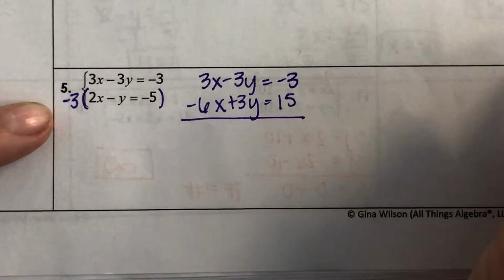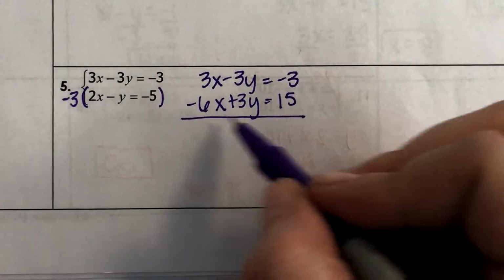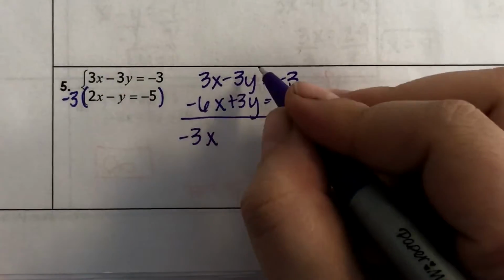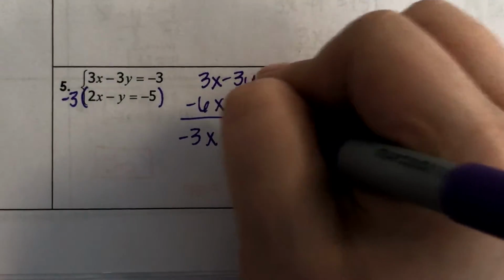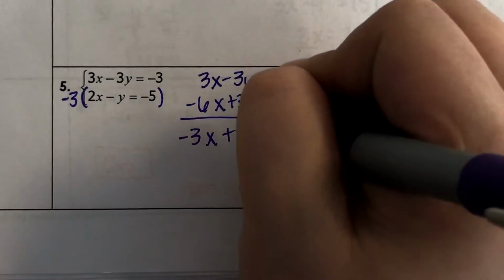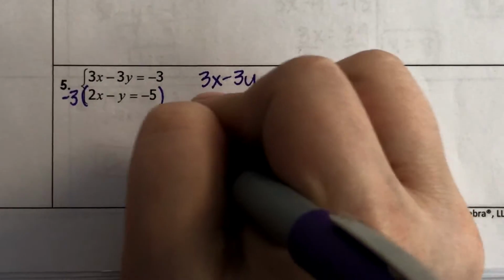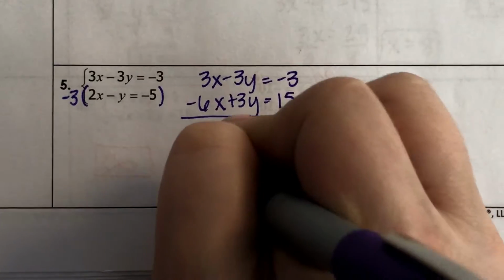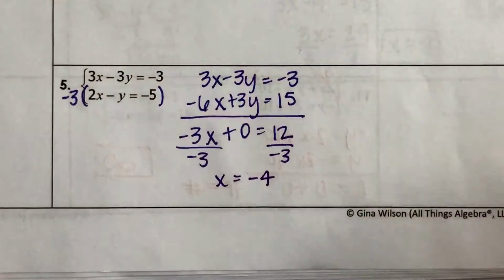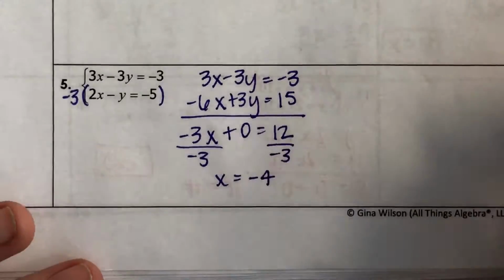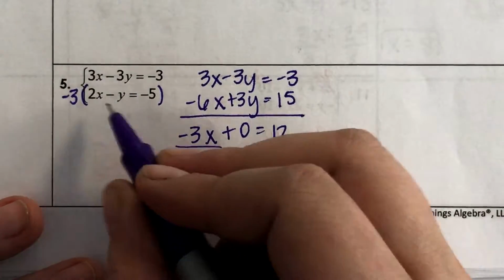So now I just add those two together. 3x minus 6x is negative 3x. Negative 3y plus 3y is 0. Negative 3 plus 15 is positive 12. If I divide by negative 3, x equals negative 4. And now I'm just going to plug this into probably this equation here.